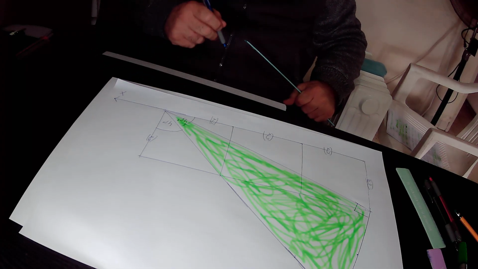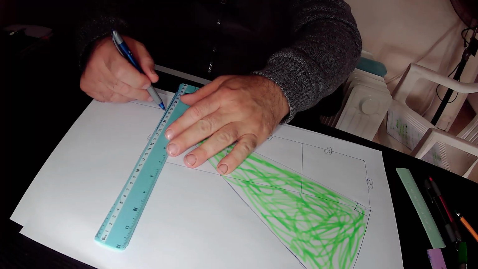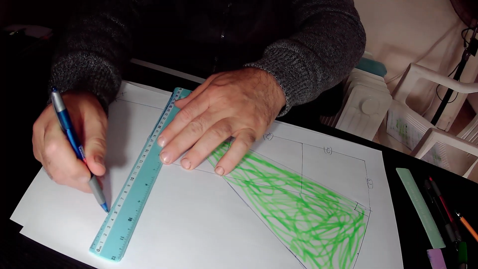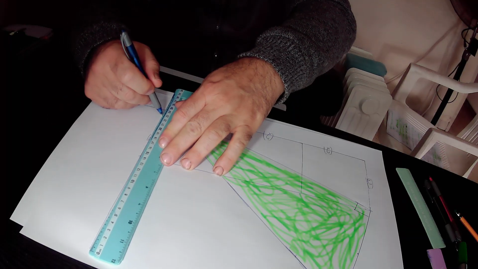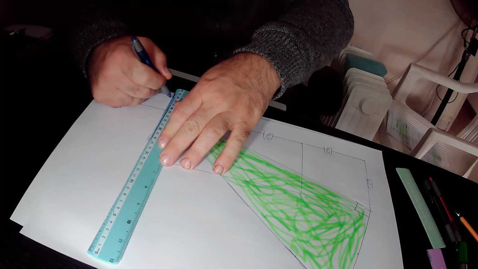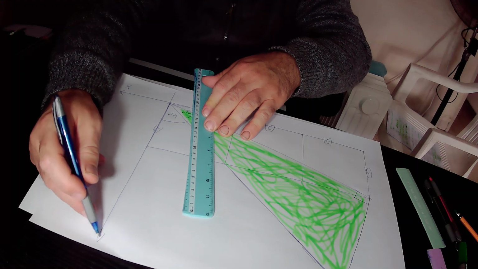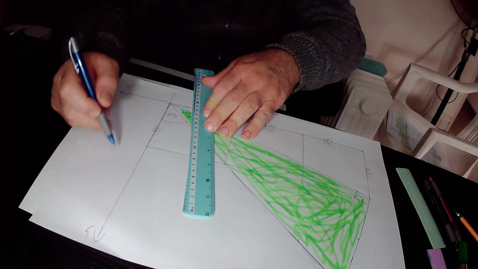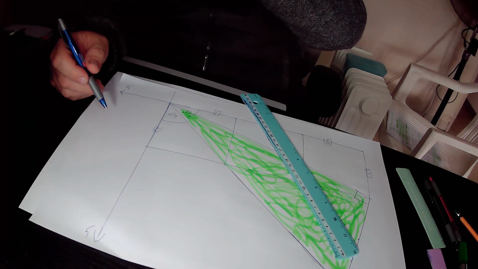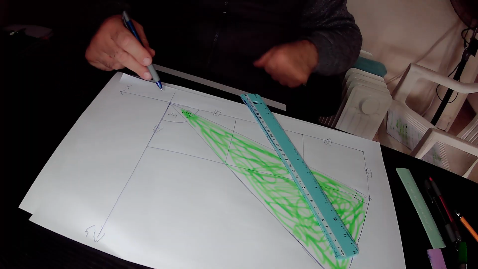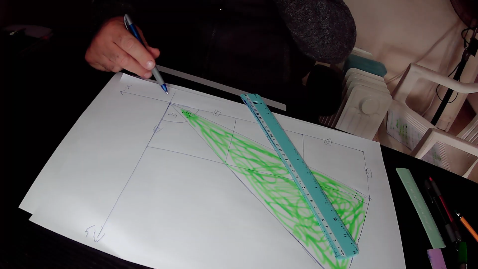Likewise, we define this straight line as the y-axis. This part is the positive side of the y-axis, and here is the negative side.